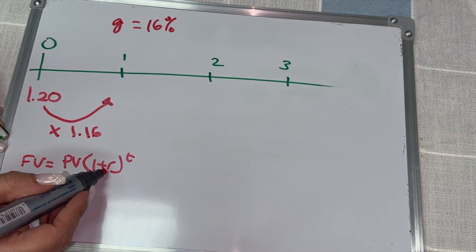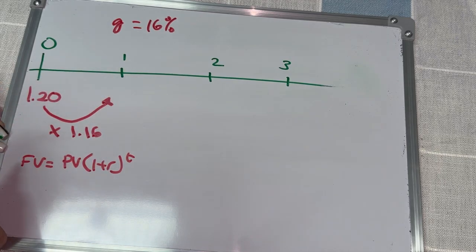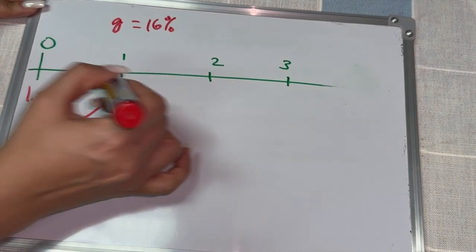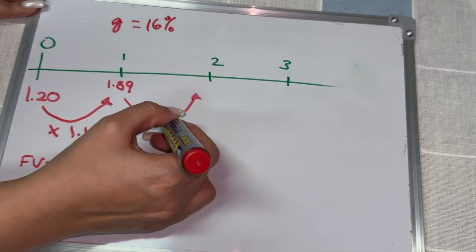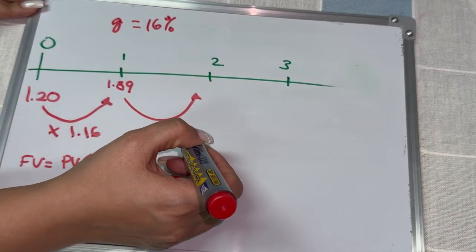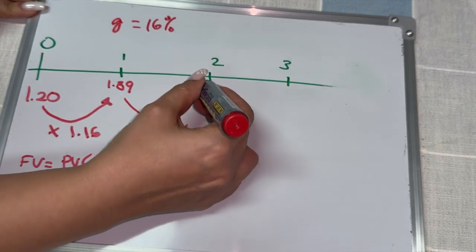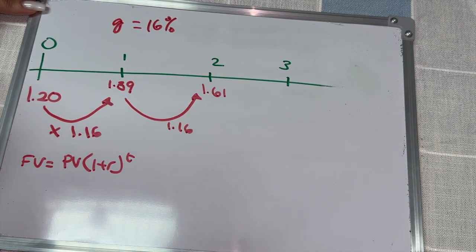The rate is 16%, 1 plus 16% to the T1 is going to get me the growth in year 1, okay? So it's going to be $1.39. And we said, again, this multiplied by another 16% growth, so 1.16, is going to give me $1.61, okay?